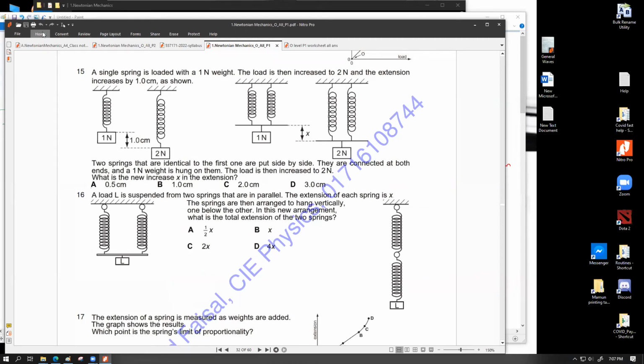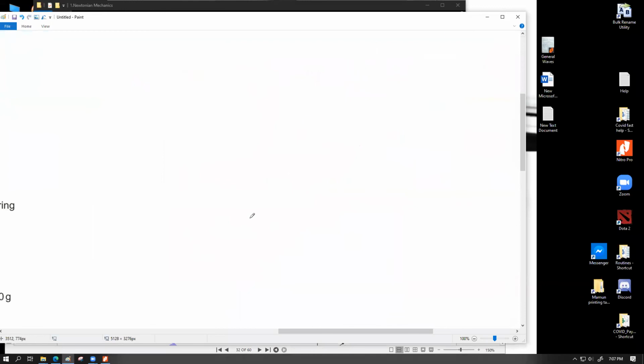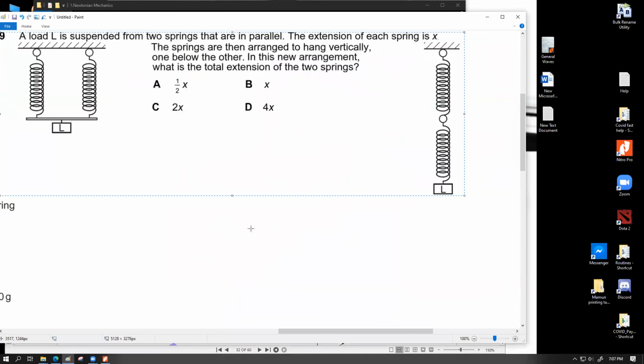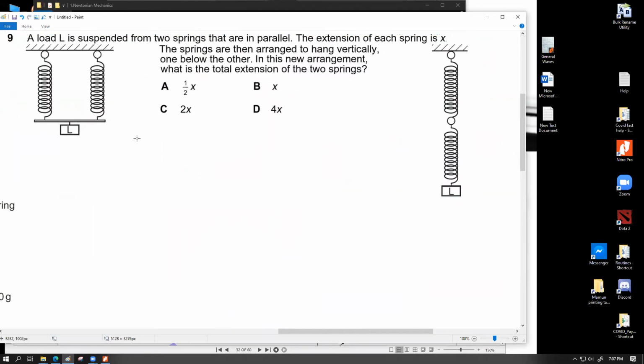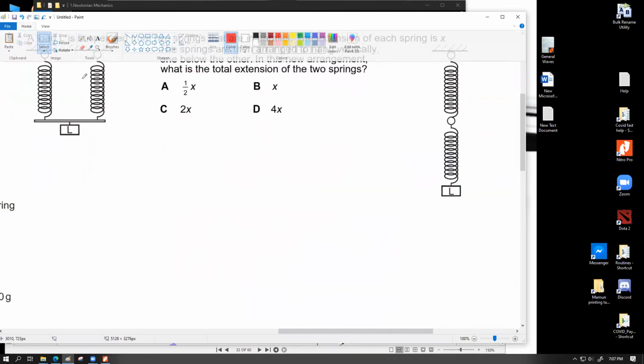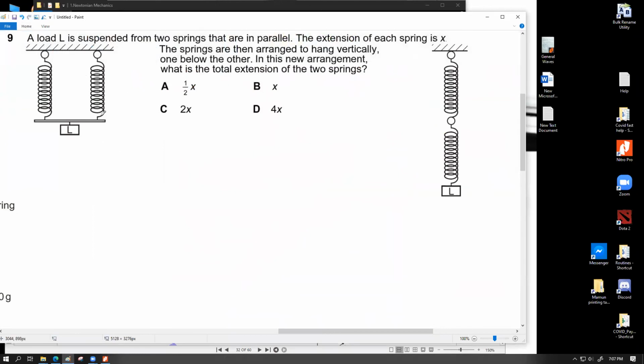Just to help you, let me do something. It would be easier for you to attempt to solve this problem if you try something like this. Try to convert with the same value of load, keep the load same. Try to go from this.